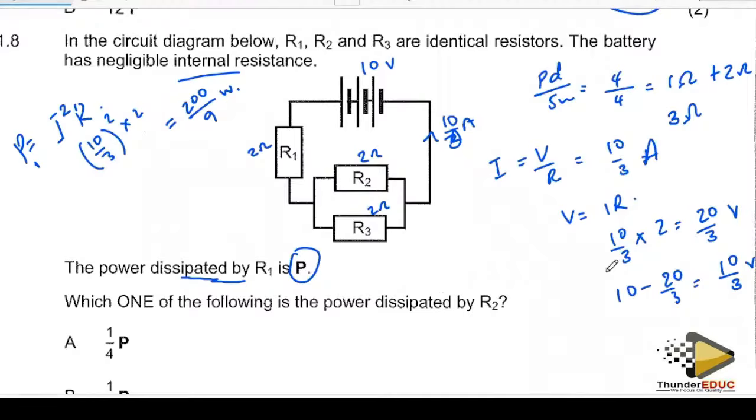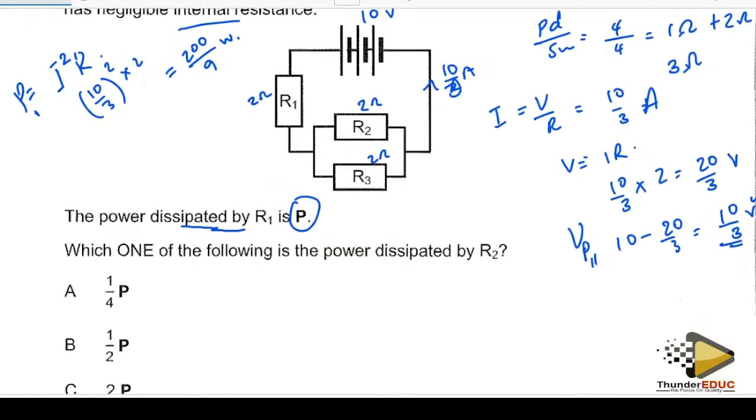So we're saying that this voltage is going to be the voltage of the parallel combination. Now that we have the voltage, we can look for a formula that has voltage, because we know the voltage across R3 is the same as the voltage across R2.